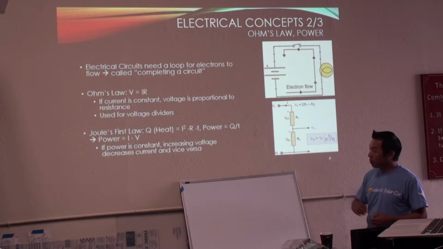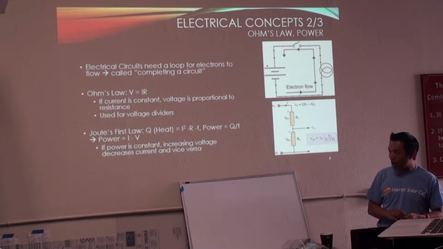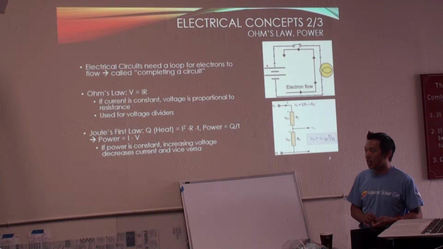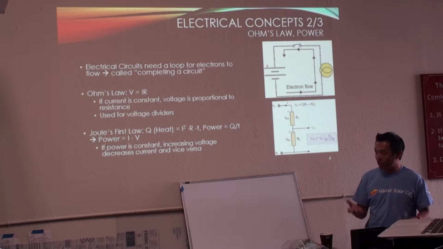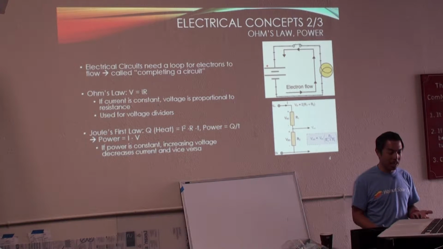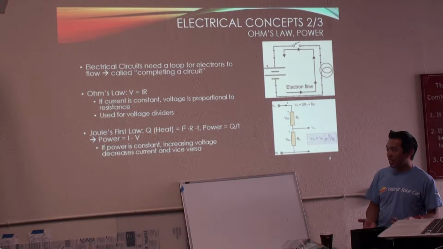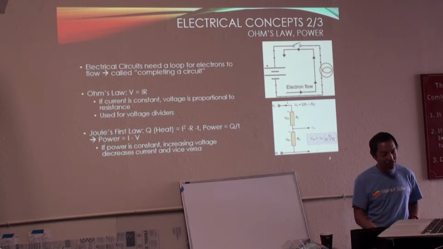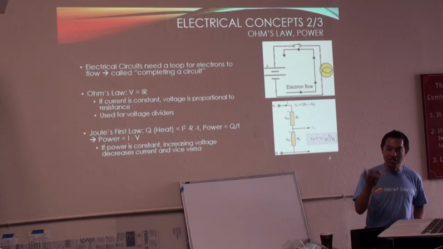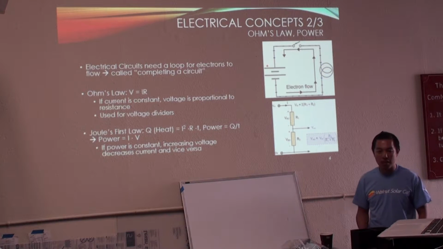But the other thing about this power equation is, your power is obviously related to voltage and current, and so that means that you can decrease voltage to increase current, or increase voltage to decrease current, to get the same amount of power.